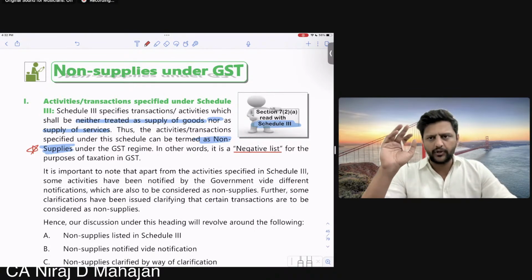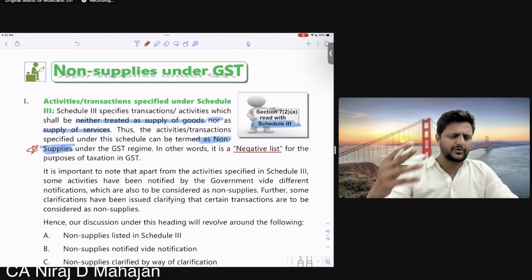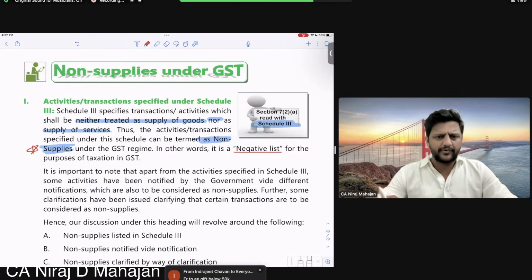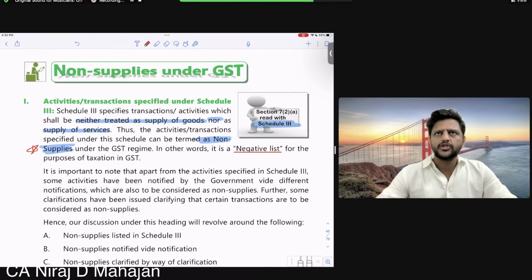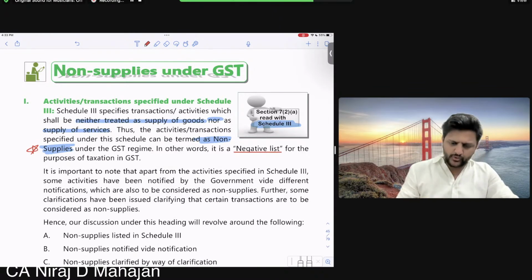Let us say if you're buying ready-made garments, clothing, still talking about basic necessities, if the rate of a shirt or pants is below 1,000 rupees, on that GST is not applicable. Above that GST will be applicable. So necessities are taken care of. So negative list.